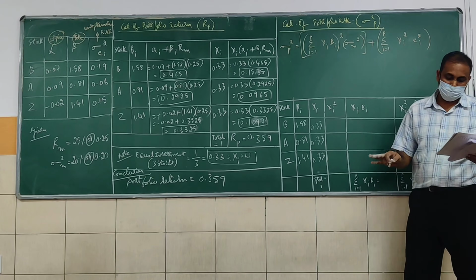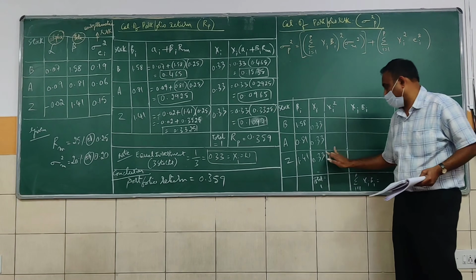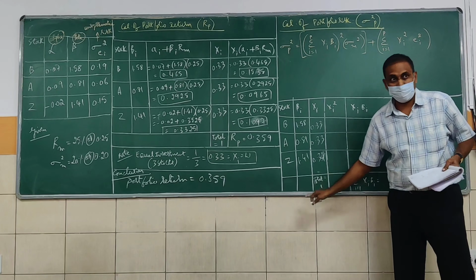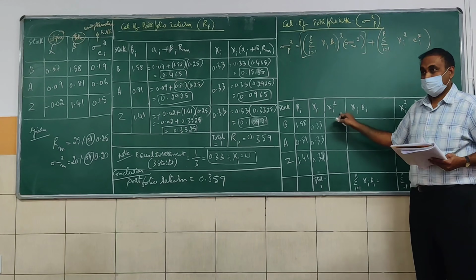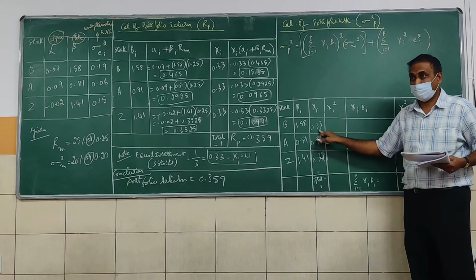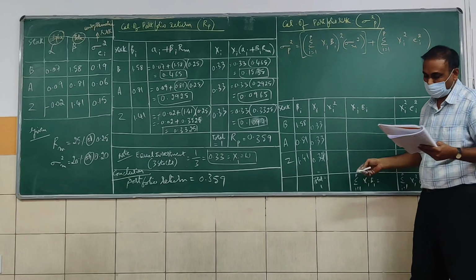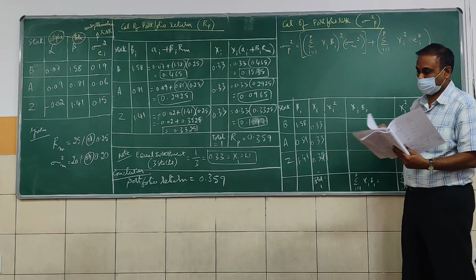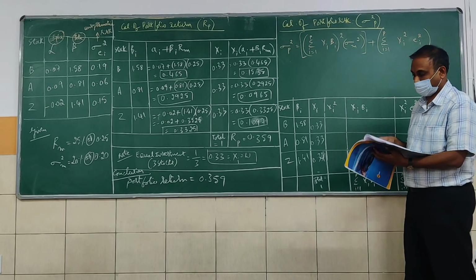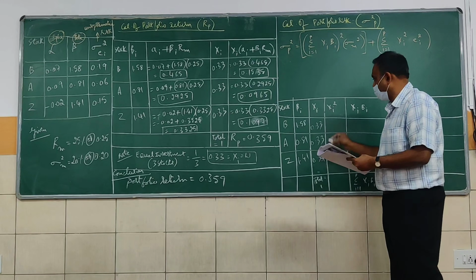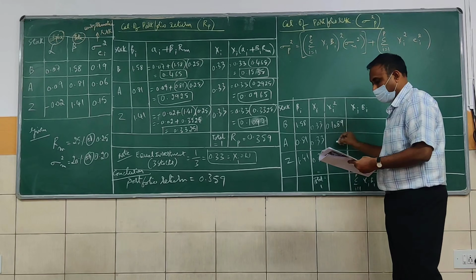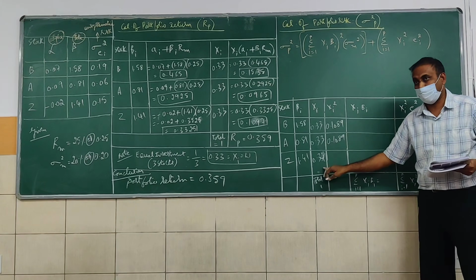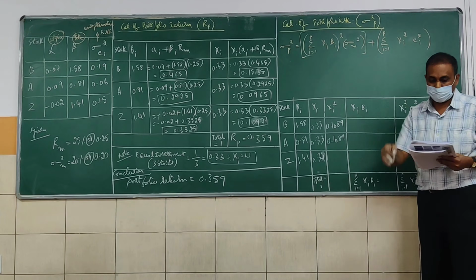Remember, total should be 1, but total will not be 1, so we have to make the last one 0.34, we have to make it as 1. Xi square, square this 0.33 into 0.33. 0.1089. The last one will be a bit different because you have taken 0.34.